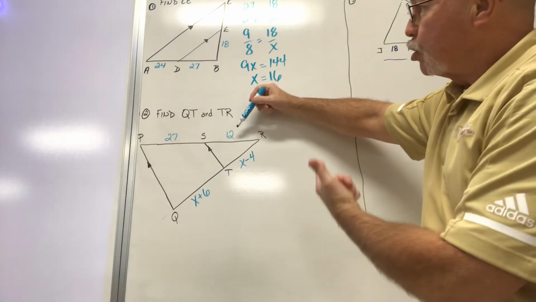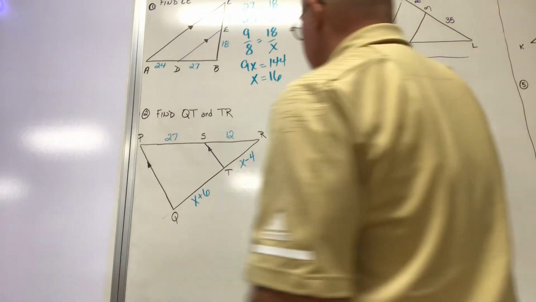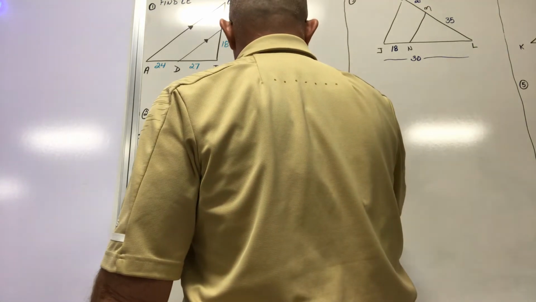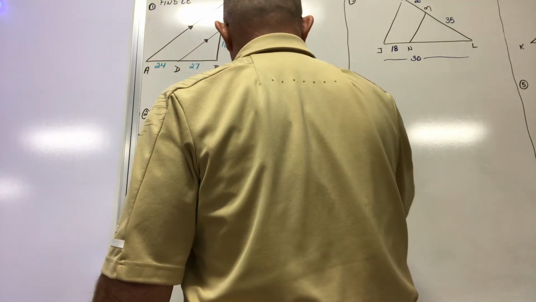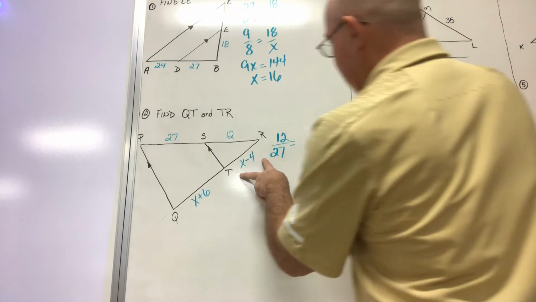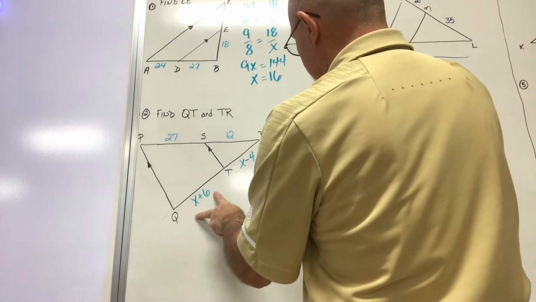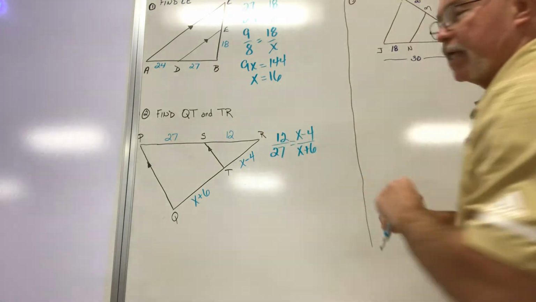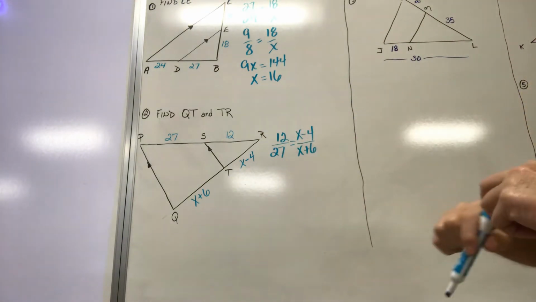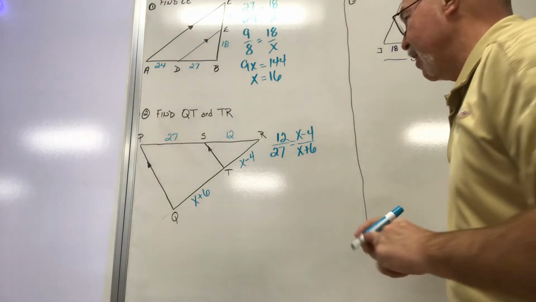I'm going to go 12 over 27 equals x minus 4 over x plus 6. Once again, I am going to simplify.